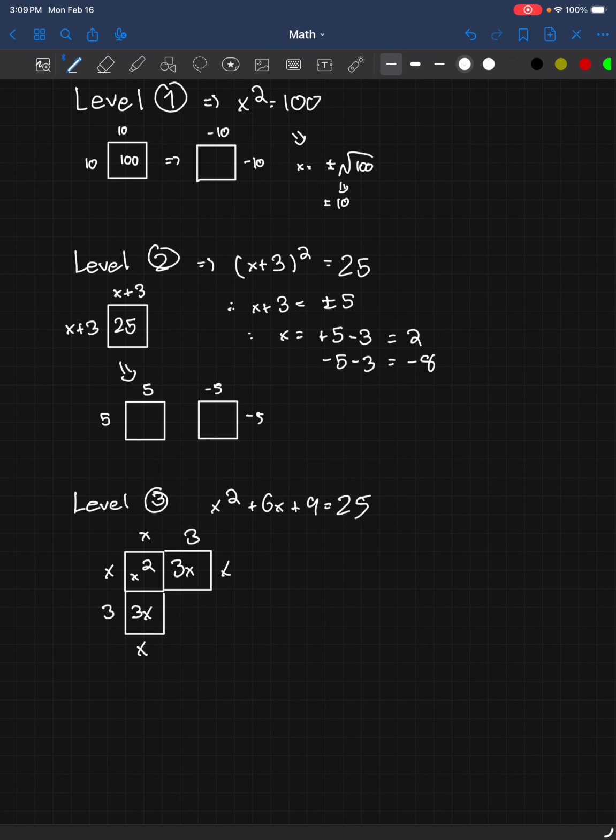This is 3x, this is 3x, and guess what? 3x plus 3x equals 6x, which is what we have here. And now, our 9 becomes really nice, because 9 is just 3 times 3, because the area of this last square has to be 3 times 3 equals 9. And here, we already know this is a square with side length x plus 3.